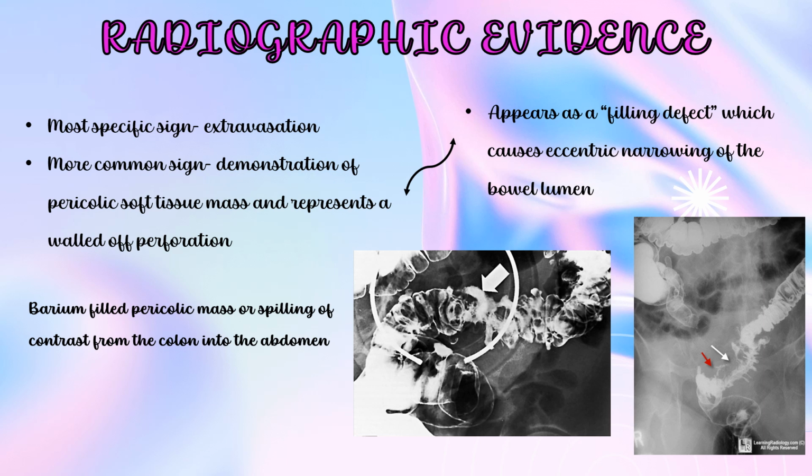This extraluminal mass can appear as a filling defect, causing eccentric narrowing of the bowel lumen. So it'll make it tinier, like in this picture.